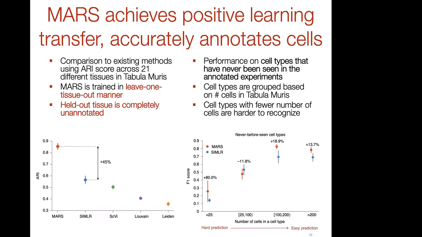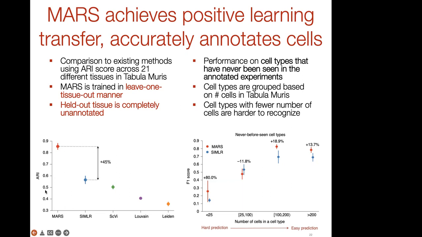In this case, Mars was trained in a leave-one-tissue-out manner. So we repeated an experiment 21 times. Each time there was one tissue that was left out, and the remaining 20 tissues were used to train a Mars model, and then the performance was estimated on that left out tissue.